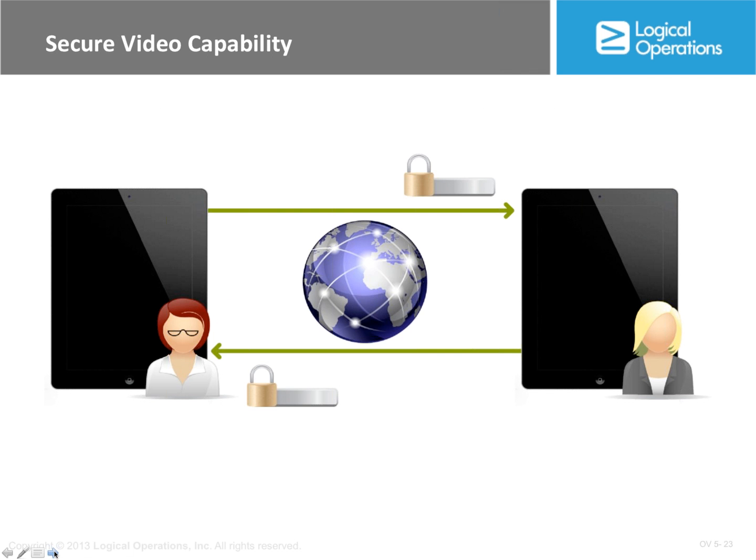Okay, so secure video. More and more we're asking our devices to do things. It used to be that secure email was the be-all and end-all, and then, enter Tiger Woods and his issues, so now I need to figure out a way to encrypt my text messages. And then, since our workforce is constantly mobile, now I need to ensure secure video.